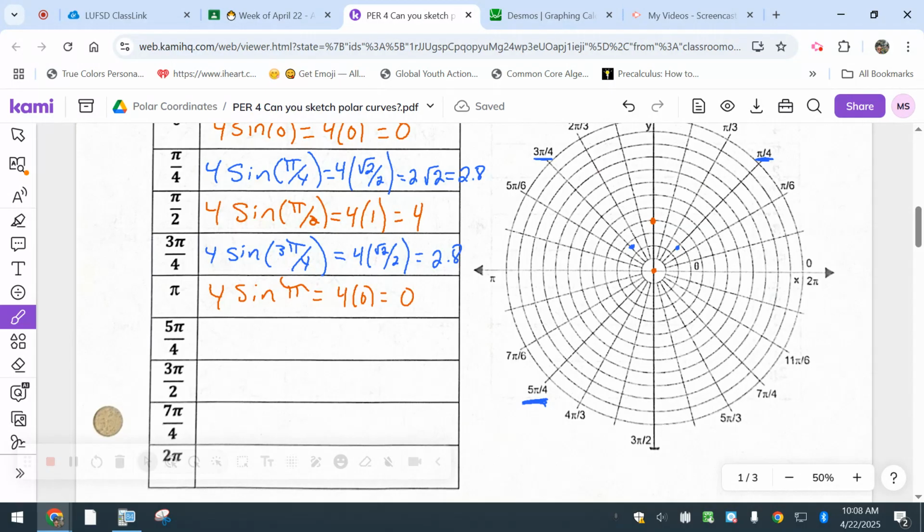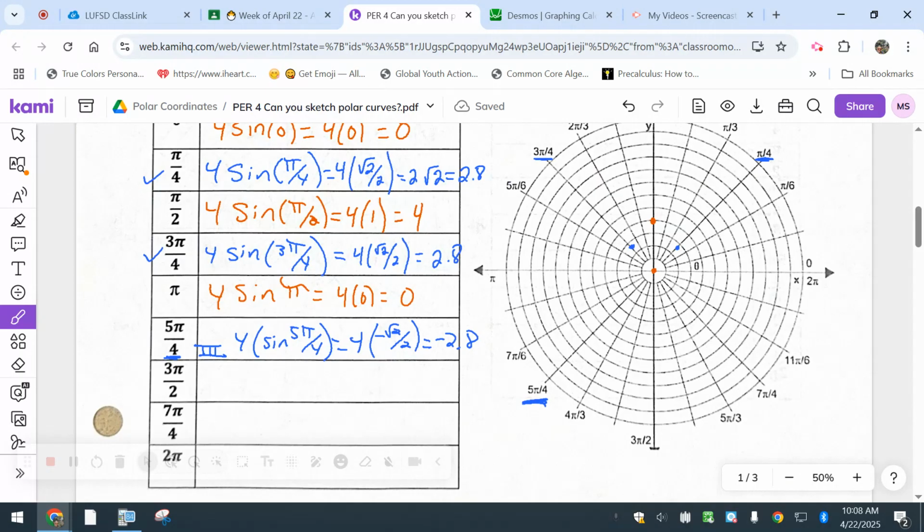So you're going to look at the blue, because it's going to be the same work. But this angle, remember, is in the third quadrant. So this is going to be 4 times the sine of 5 pi over 4. In the third quadrant, sine's negative. So this is going to be negative square root of 2 over 2. So it should be negative 2.8.